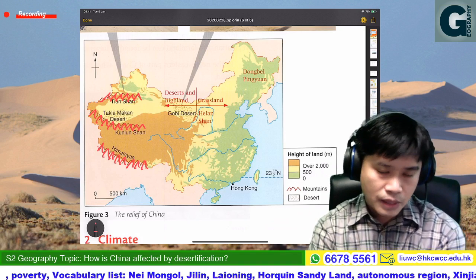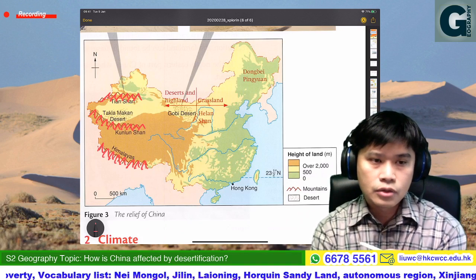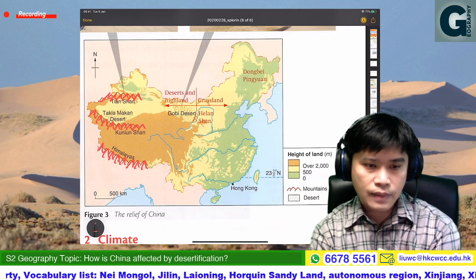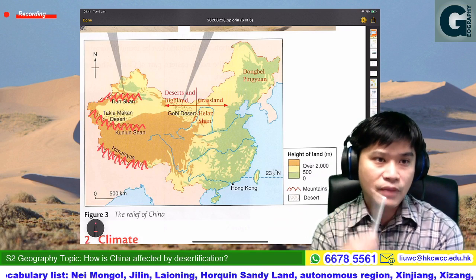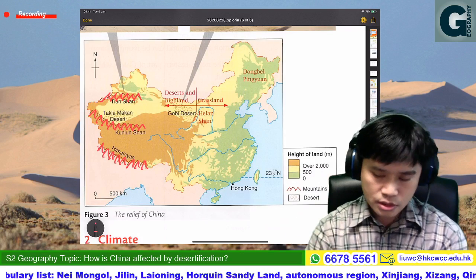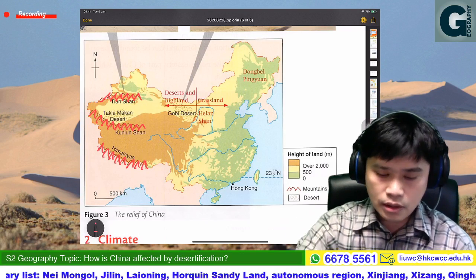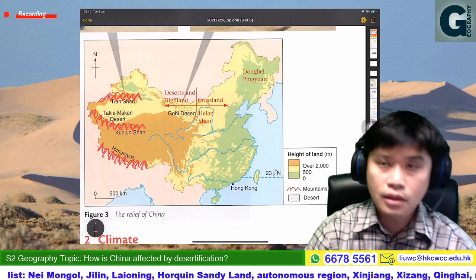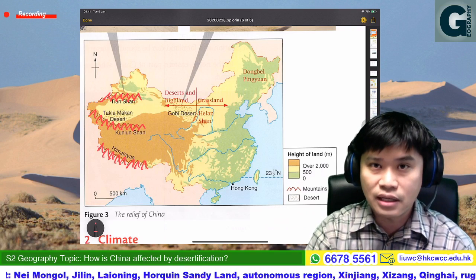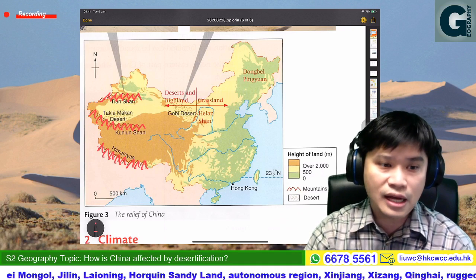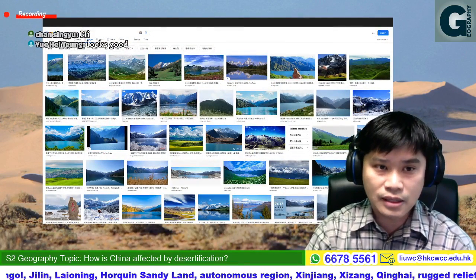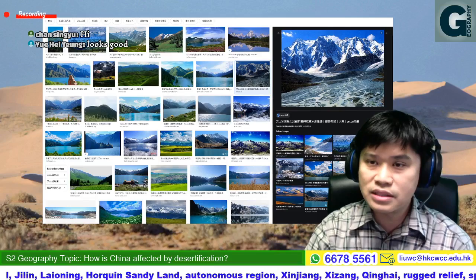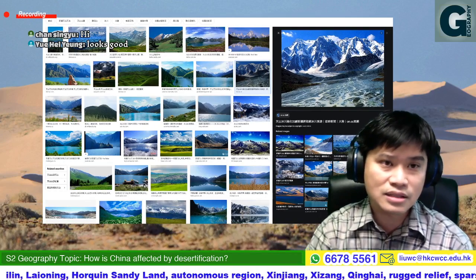天山山脉, or you may have heard of 天山雪莲. Actually, that comes from that area, 天山. If I show you the picture, Tianshan is a very nice place that could be like this. You can see the glacier there.